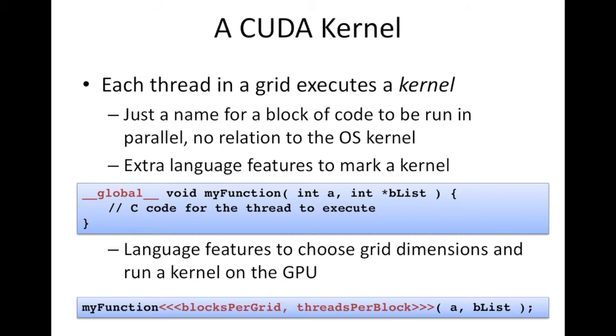I know we've used that term a lot this semester, usually talking about the kernel of the operating system. This is the same word, but it means something different here. Think of it as a chunk of computation that's going to run on the device. It's special because a function that's going to do the job of a kernel has to be marked global like this. So that means it's called from the host, but it runs on the device.